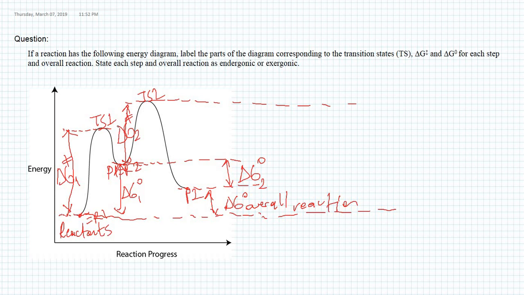So basically we have two transition states, so the overall activation energy will be equal to the energy difference between the highest energy transition state and the initial reactant. So this point we can call the activation energy for the overall reaction.